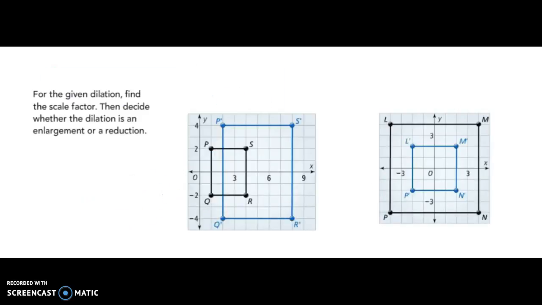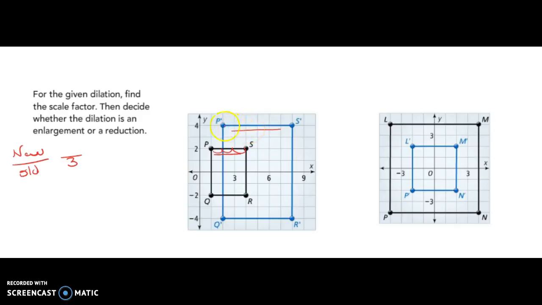Okay, for the given dilation, find the scale factor and then decide whether the dilation is an enlargement or a reduction. So we're going to find out if it is an enlargement or a reduction based upon which one is new and which one is old. This one is the old one. This one is the new one. The old one we have 1, 2, 3. And I told you that we were going to do new over old each time.